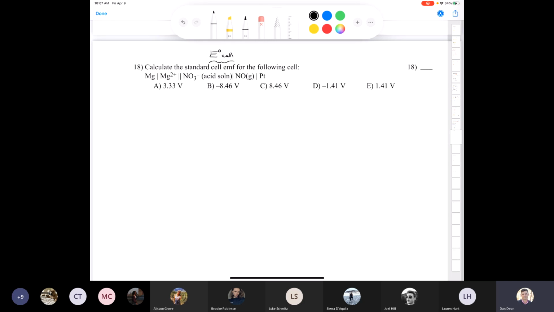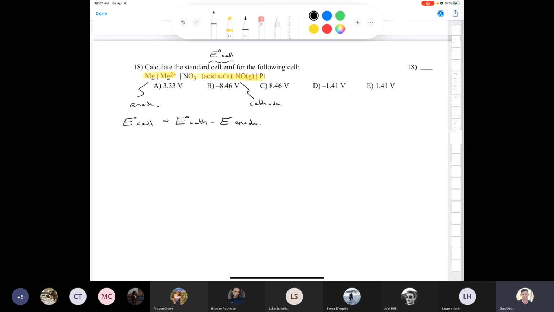The first thing I would do is look up the standard reduction potentials for both of these, because I know that on this side of my salt bridge I have my anode, and on the right-hand side of my galvanic cell I have the cathode. And I know that E naught cell is equal to the standard reduction potential of the cathode, subtract the standard reduction potential of the anode.